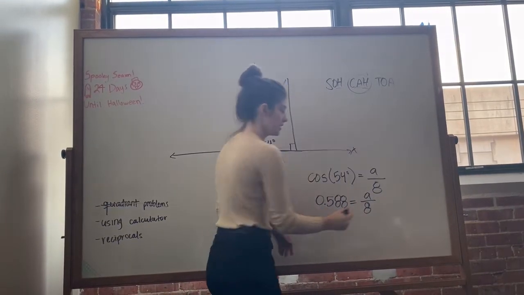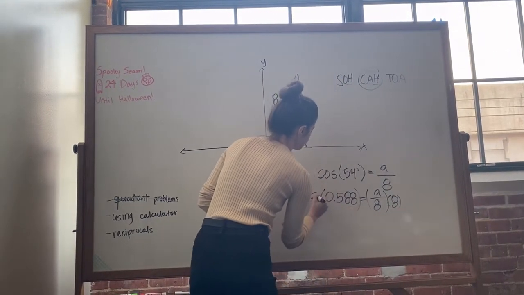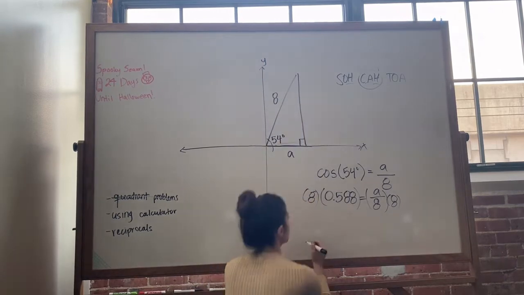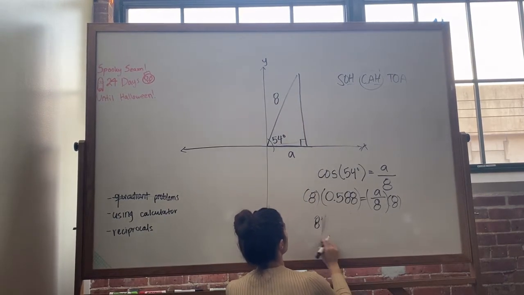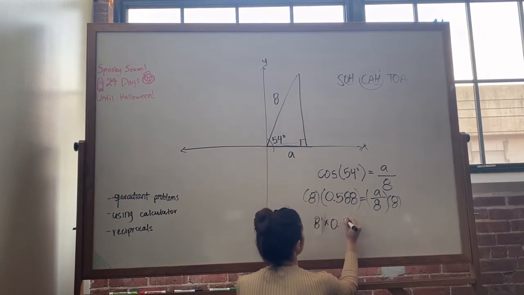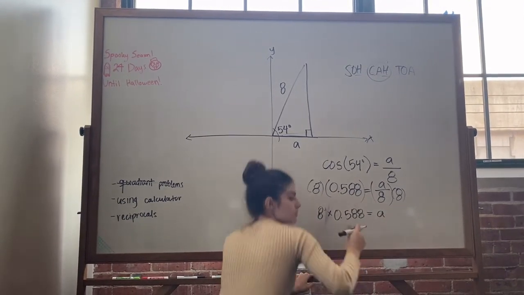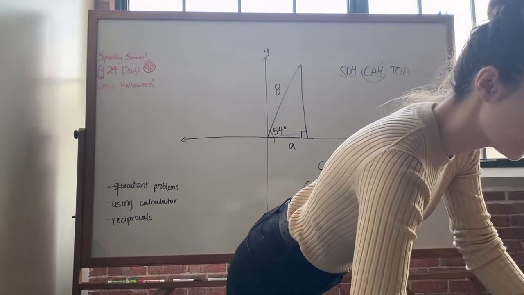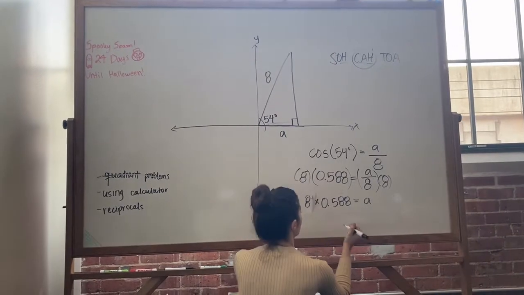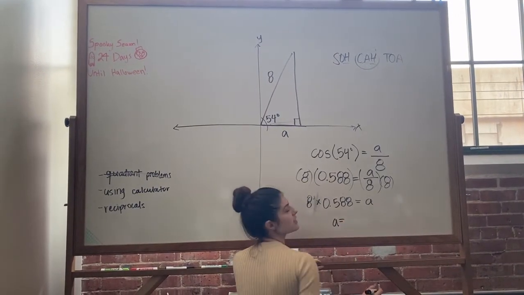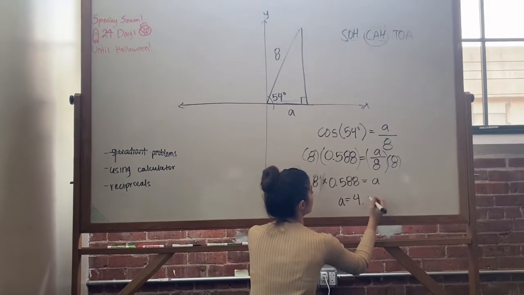Again, just like last time, we'll multiply both sides by 8. So we get 8 times 0.588 is A. Let's put that in now. 4.7. That's a nice number. You rounded, I rounded. 4.7.